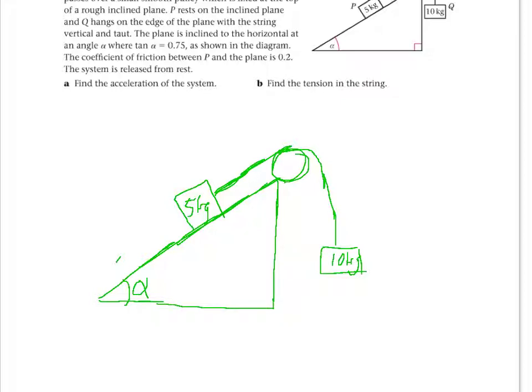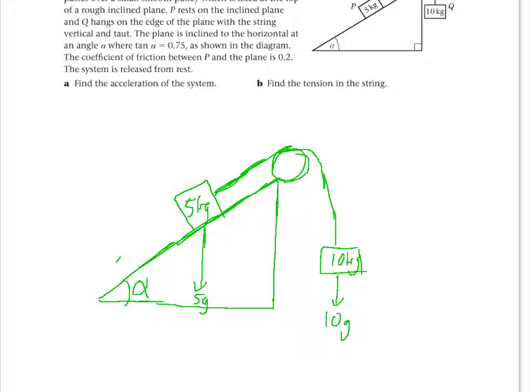Right, next thing, both these two particles have mass 5 kilograms and 10 kilograms, so we need to find the weight, which remember always acts directly downwards. So this one is 5g and this one is 10g.